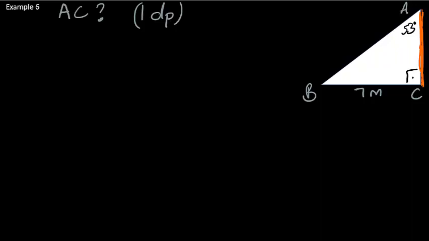First you need to know the relationship to this 53, so we can see that it is adjacent over, what do they give us? They don't give us hypotenuse, but they give us opposite. Adjacent over opposite. Now what are you going to do? We want adjacent. So what is adjacent over opposite?